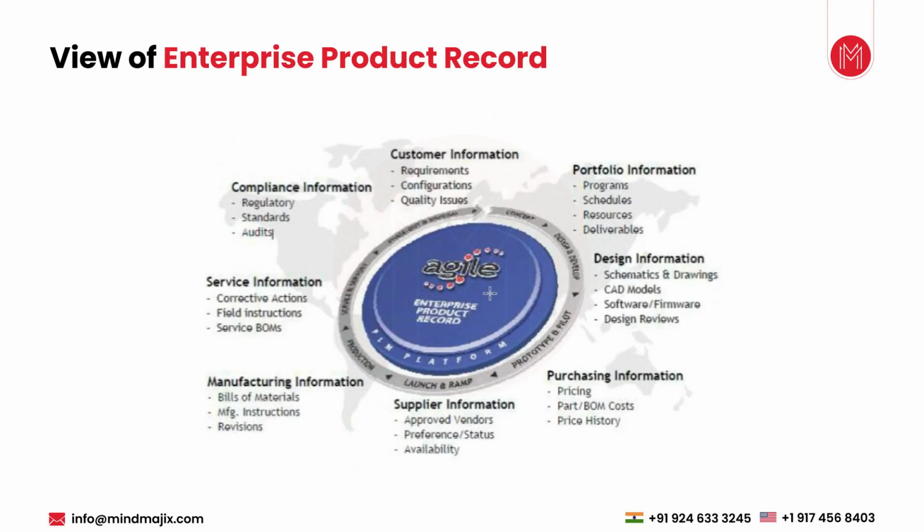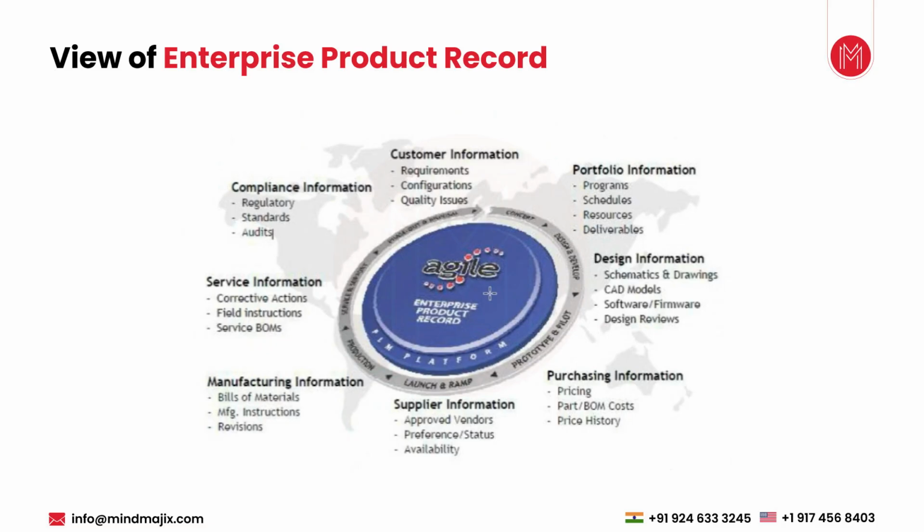For example, portfolio information. Under portfolio information we are managing programs, schedules, resources, and the deliverables under any project. Then design information: schematics, CAD diagrams, software, design reviews, all this information we are managing under design information. Purchasing information: we are managing pricing, parts, BOM and its cost, and also price related activities.